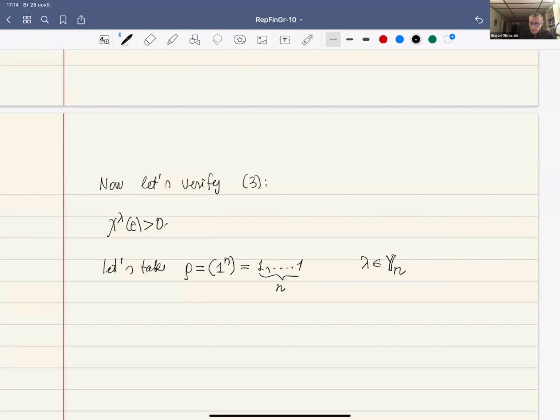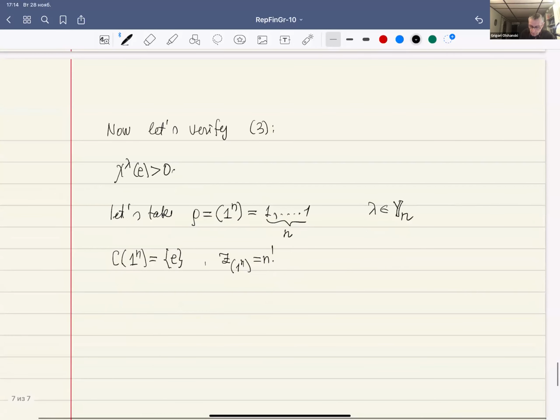For this particular partition, the conjugacy class is simply the identity element of our group. And let me recall that Z is equal to n factorial. Why?